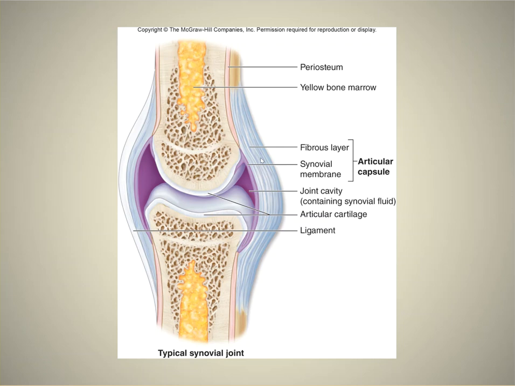It's just connective tissue. Here's a joint cavity with synovial fluid inside of it. The articular cartilages, which I think are usually hyaline, and there's a ligament. Remember, ligaments attach bone to bone. Most ligaments are external. We're going to see a couple of ligaments that are actually internal.